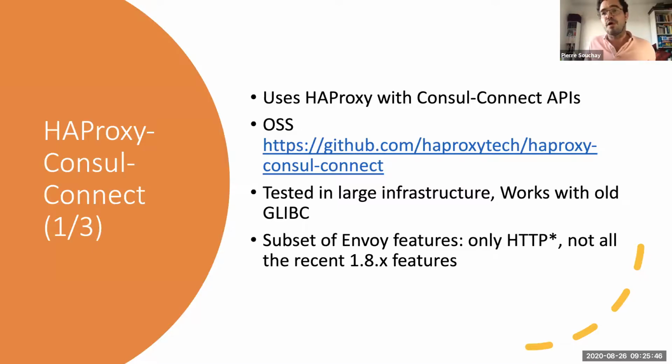The project is called HAProxy Consul Connect. It's an open source project, so you can test it. It works with all glibc, of course. It's a subset of Envoy, meaning that not all the features of Consul Connect are implemented, mostly just HTTP for now, but it's simpler.